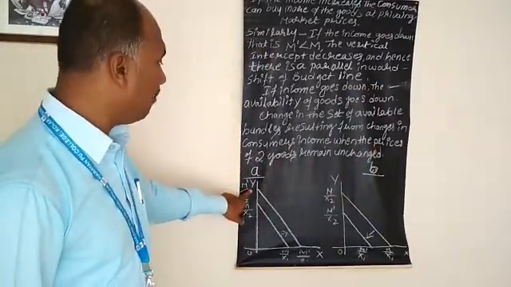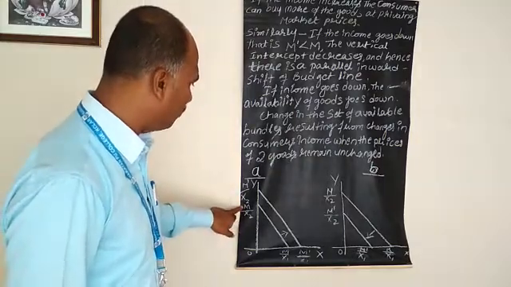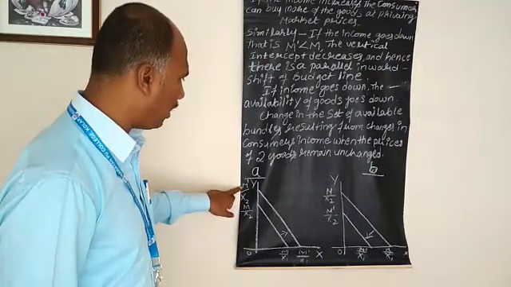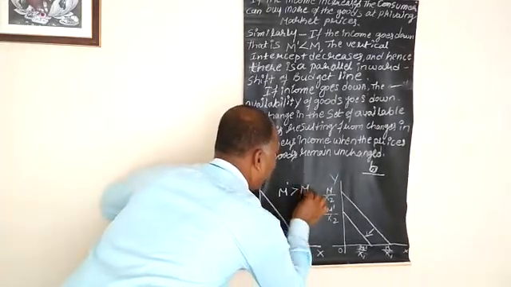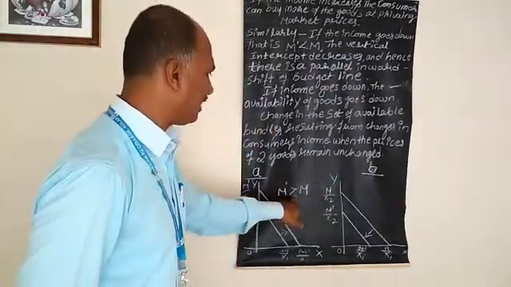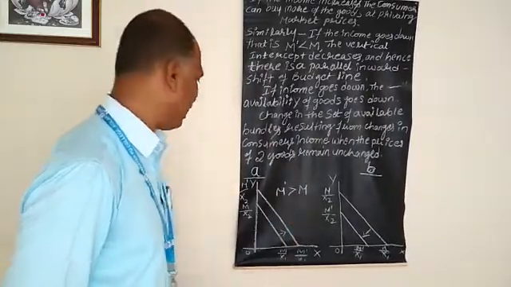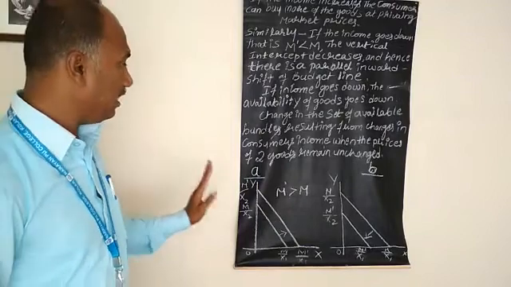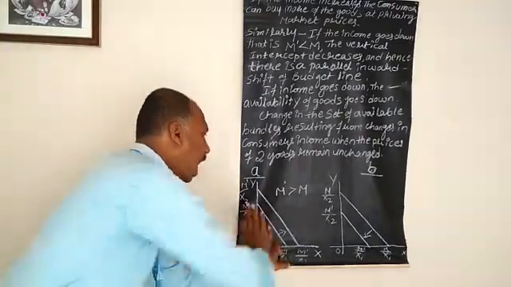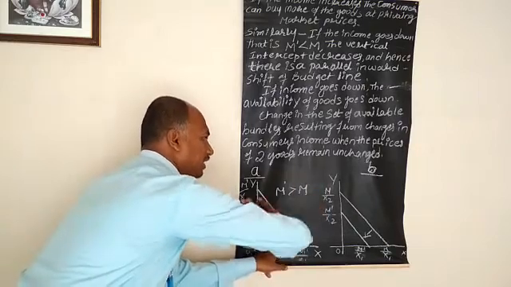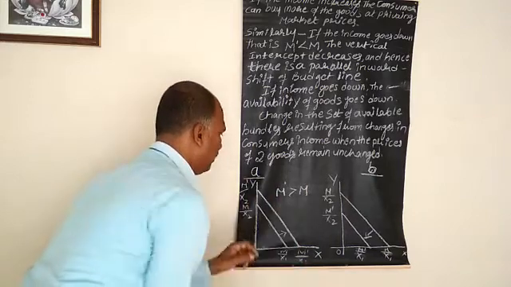Suppose the income of the consumer increases from M to M dot, where M dot is greater than M. The changed income is more than the previous income. When income increases, the budget line shifts outward. The outward arrow mark shows the shift from left to right.